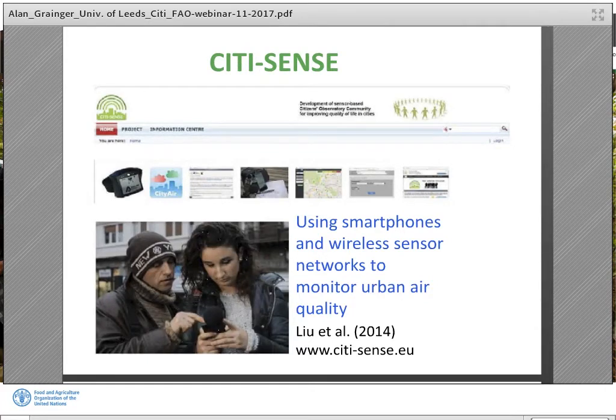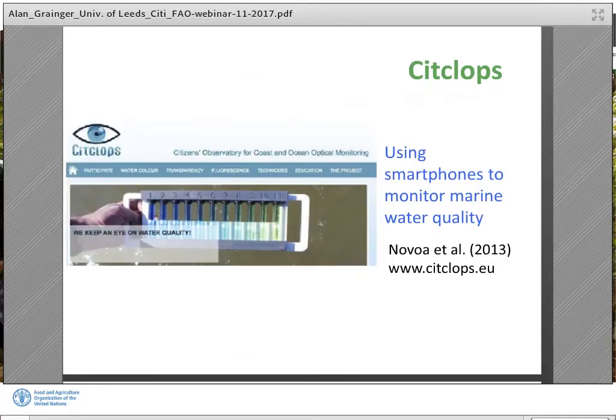CitySense monitored urban air quality by combining wireless sensor networks with smartphones to measure levels of particulates. And in Cyclops, citizens used smartphones to monitor marine water quality by measuring pollutant concentration from the color of water and algal density from levels of fluorescence.